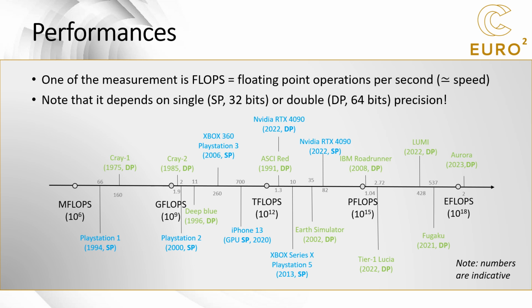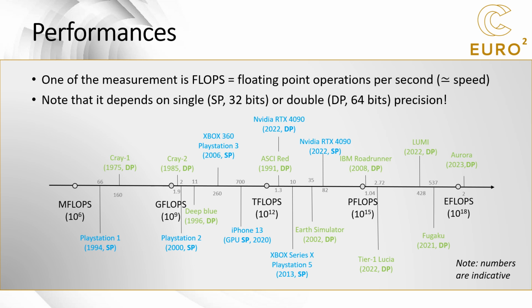One of the most powerful graphic cards for sale in 2023, the RTX 4090, has more flops than the fastest computer in 2002. And, in double precision, it has the same performance as the Acer Red, the fastest computer in 1991. In general, we observe that the flops are multiplied by 1000 in around 15 years.